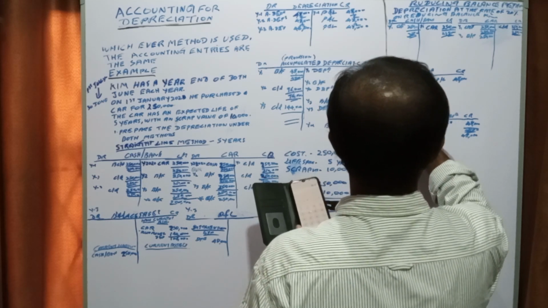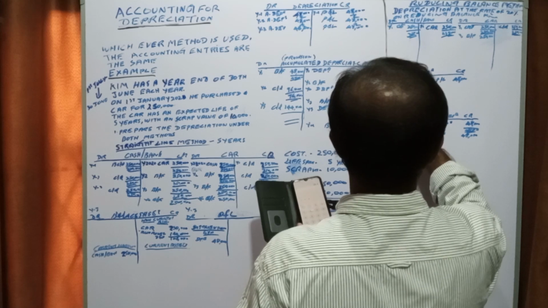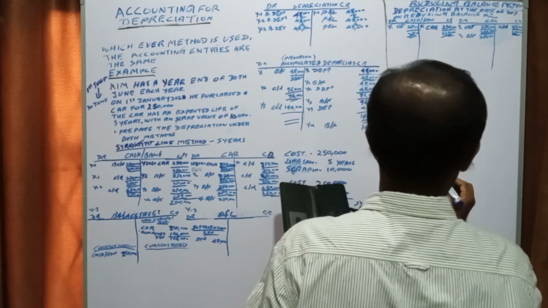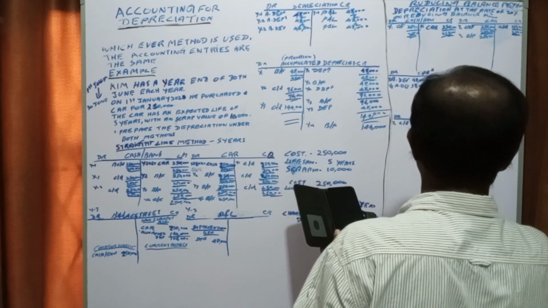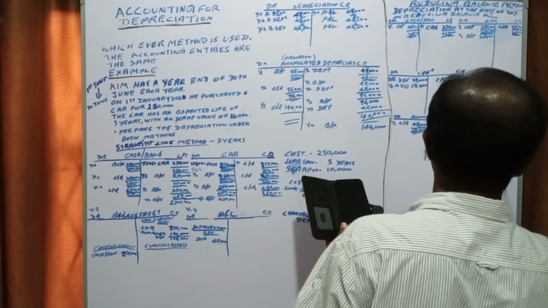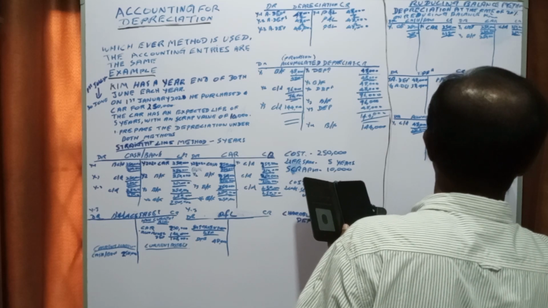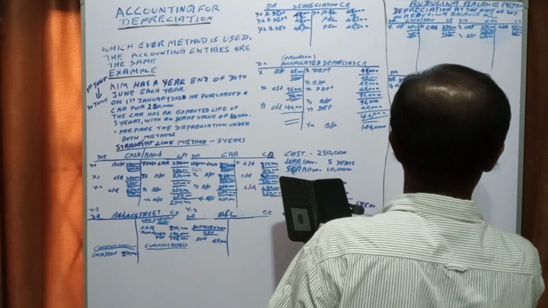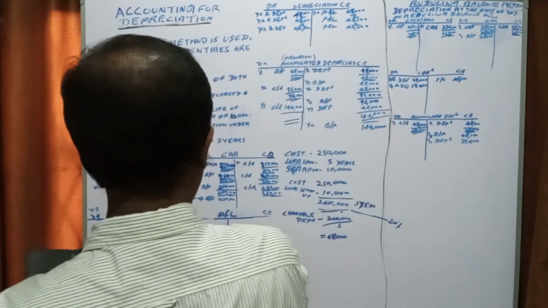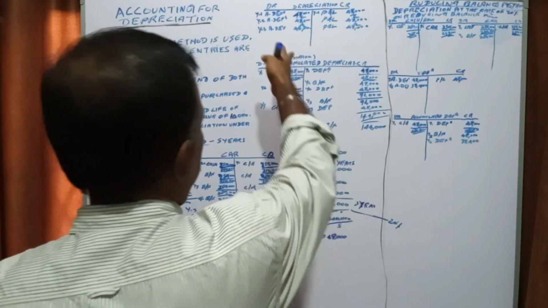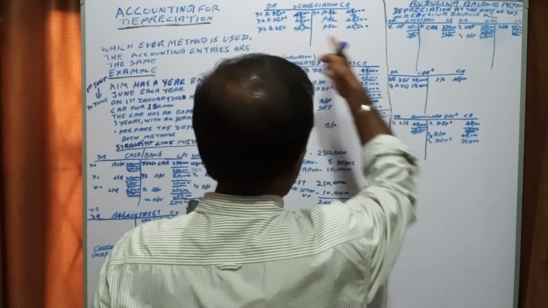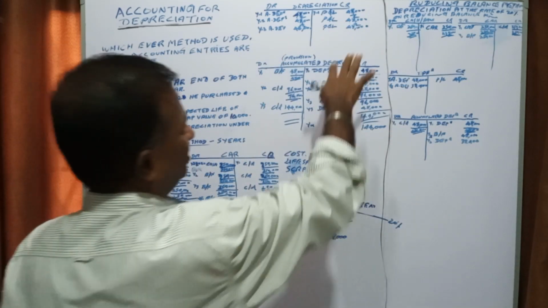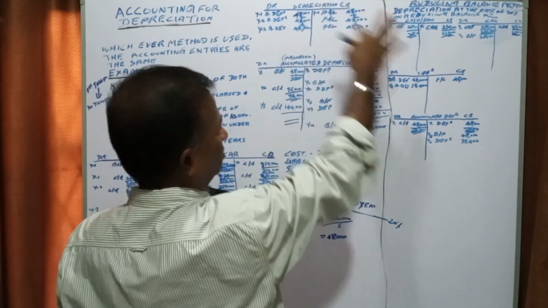Okay, that is year 2 accumulated depreciation, right? And depreciation on year 2 is 38,400. So under both ways, the depreciation and accumulated depreciation double entry is the same, but the amount only differs.